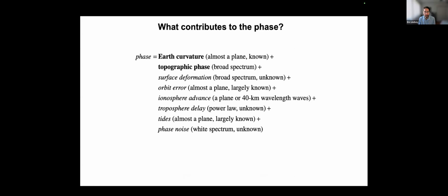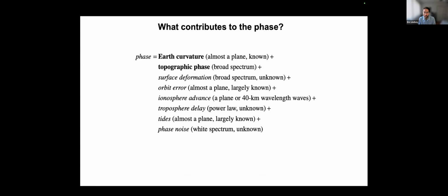So we have Earth curvature, which is basically what Catherine was showing with the look angle being off to the side. There's going to be a difference in the distance to the satellite if the satellite didn't exactly precisely repeat its orbit. And we'll get the same thing with the topographic phase. So the topography will be viewed from a very slightly different angle, and that'll contribute to phase. Then, of course, we have deformation, but we can also have a little bit of error in the orbits.